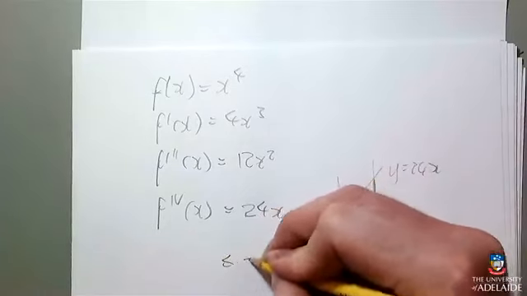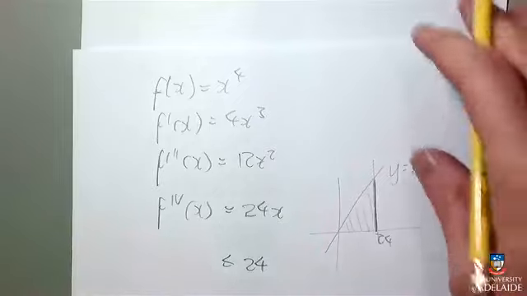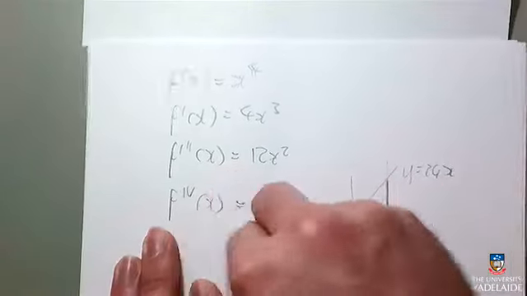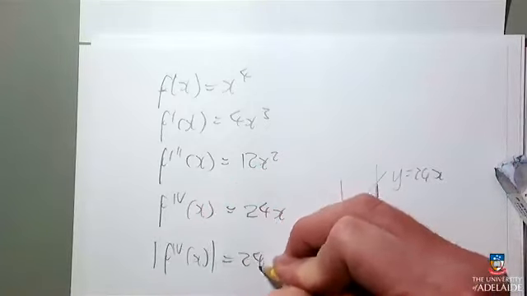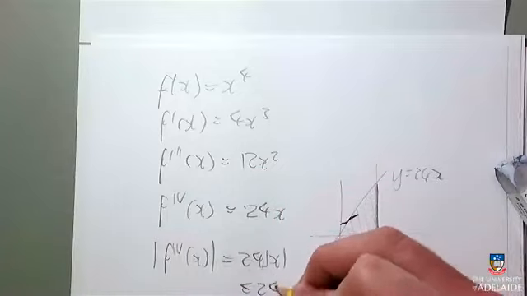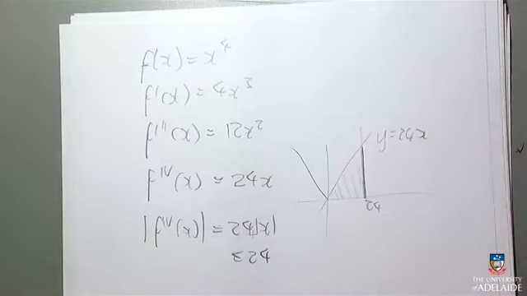So that's less than or equal to 24. Just be careful, remember that it's the absolute value. So I really should have put an extra line in there, the absolute value of f. So that's technically that, right? So that's K4 equals 24. Just be careful with the absolute value: don't just look at the strict maximum, because if it goes down really low below the x-axis, the maximum value of the absolute value is down there.